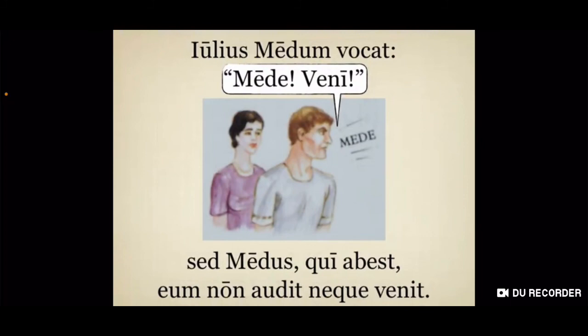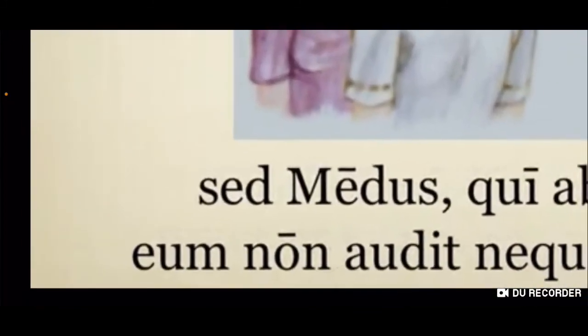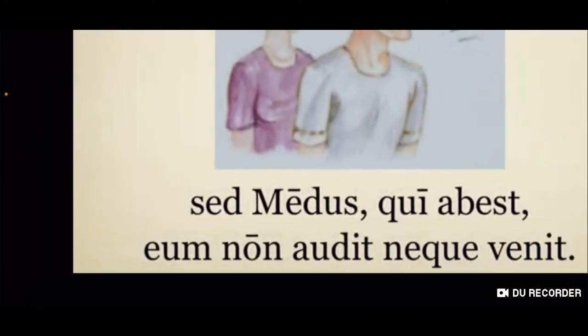Julius Medum vocat. Julius calls Medus. Mede, veni. Medus, come. Sed Medus, qui abest, eum non audit, neque venit. But Medus, who is absent, doesn't hear him. And again, you see, that's a good example too. We say is for he, and eum for him.